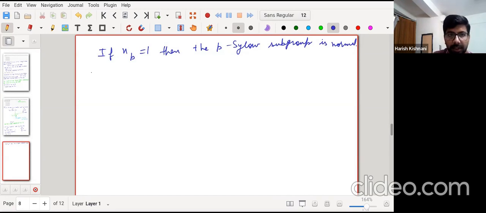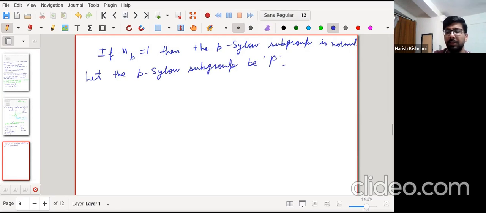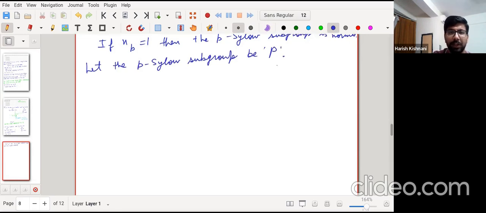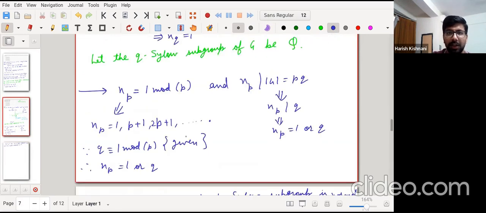Since it's unique, I can denote it with some symbol. So the unique Q Sylow subgroup was capital Q, and the unique P Sylow subgroup is capital P.